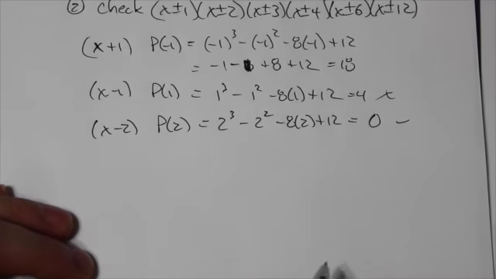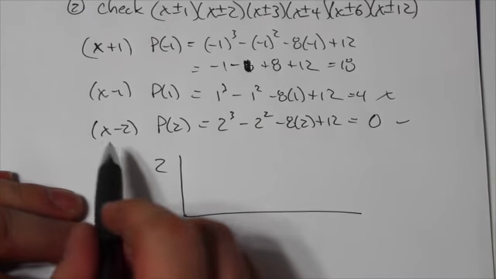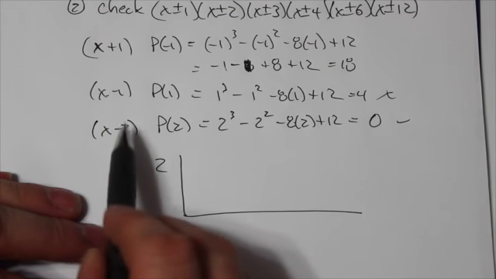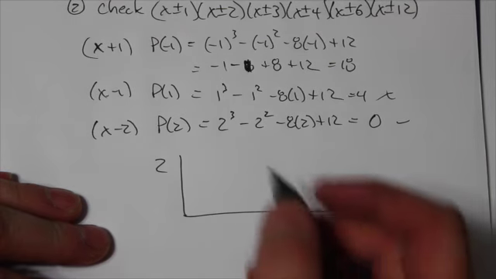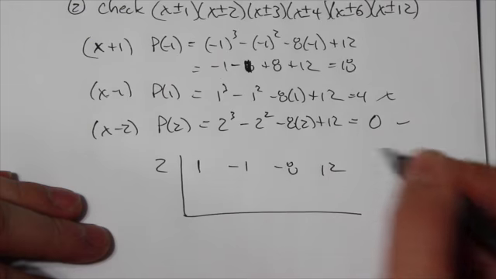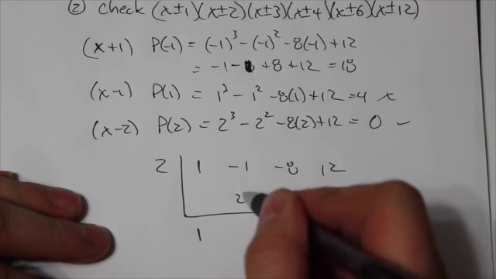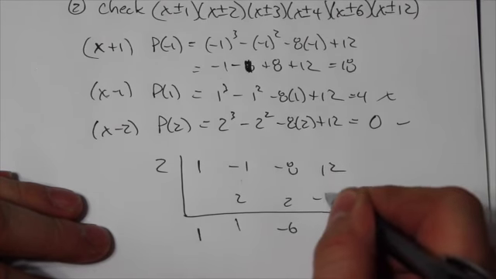Once you've got that first factor, we're going to use synthetic division. When I do synthetic division, I take the value that makes this binomial equal to 0 and put that outside. I'll get 1, negative 8, and 12 as our coefficients. Let's start: bring down the 1, multiply, add, multiply, add, multiply, add.